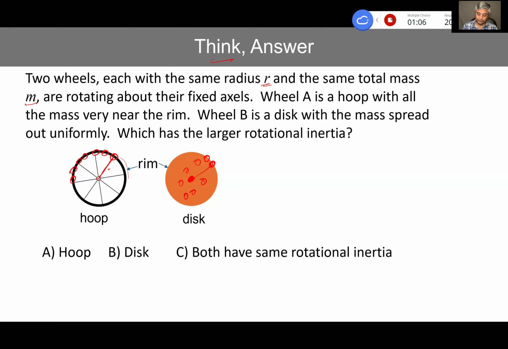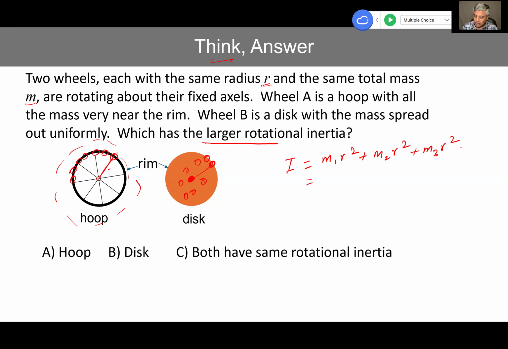So in this case, hoop has rotational inertia, for example, I. So if we have n number of masses, m1 r square, but the r is the same for all masses, so m1 r square, m2 r square, m3 r square, and so on.